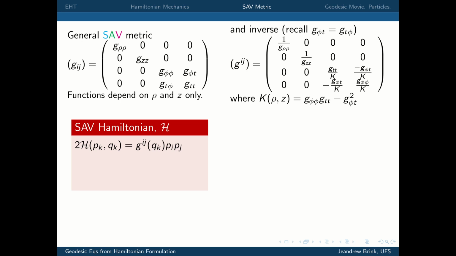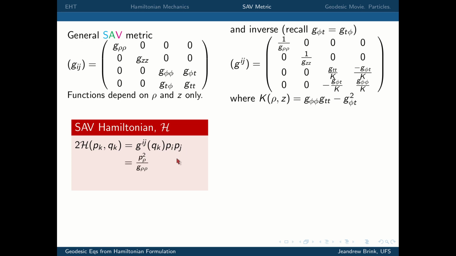The next step to get the equations of motion is we write down the full Hamiltonian. We simply put in this G^{ij}, in other words this thing, into this formalism, and remember to sum over the repeated indices, namely i and j.